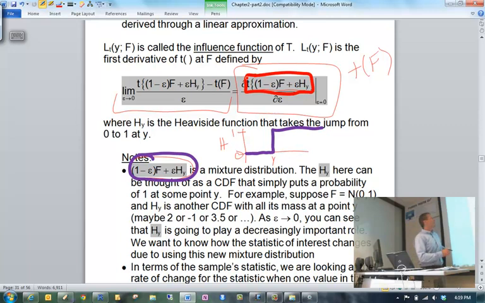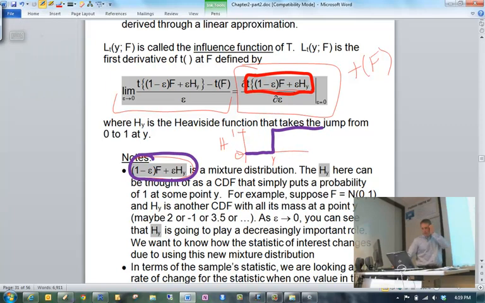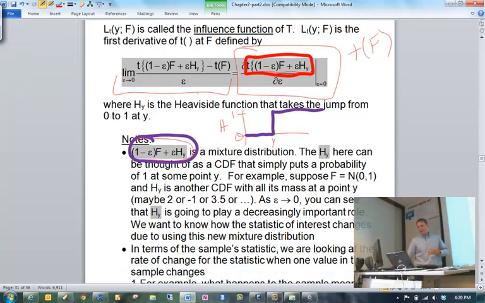Obviously you need to calculate T evaluated at this new distribution. It's actually not too difficult. So again, we want to see what happens as epsilon goes to 0. So in essence, you can evaluate this function at epsilon equals 0. This is what's called the influence function of a statistic T.